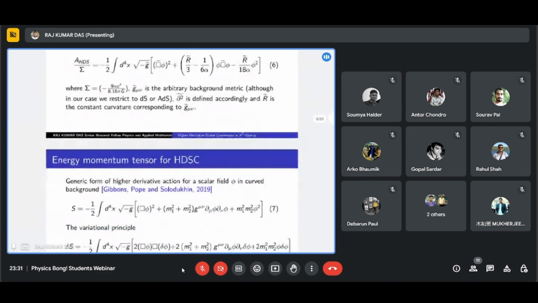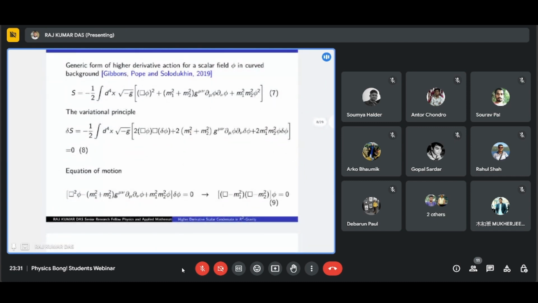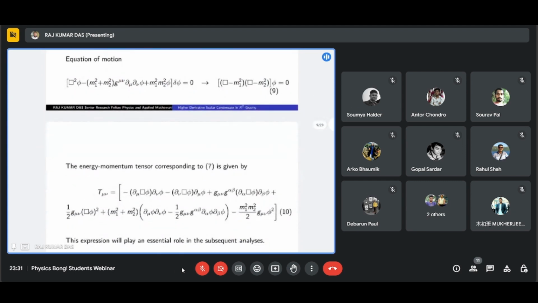So in our case, if you vary this action, you will get two cases of this higher derivative section, the two solutions, and our energy momentum tensor will look like this.